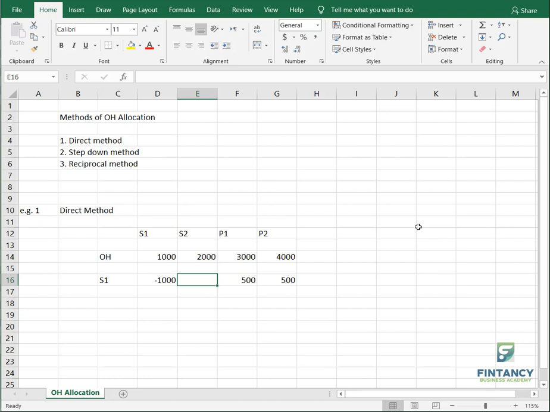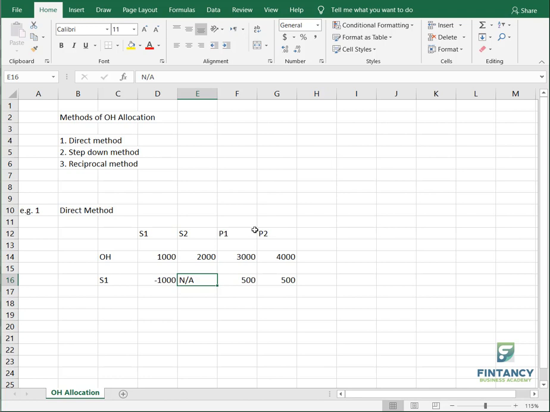Point to note here, which we will do in example number 2: even if S1 is giving something to S2, we will still not charge it in the direct method. In the direct method, always remember, service departments' overheads are not charged to other service departments, even if they are giving services to each other. Why direct method?